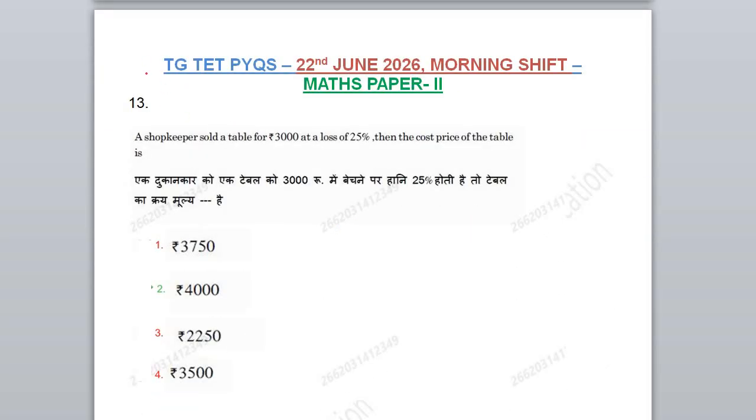Next, a shopkeeper sold a table for ₹3,000 at a loss of 25%.